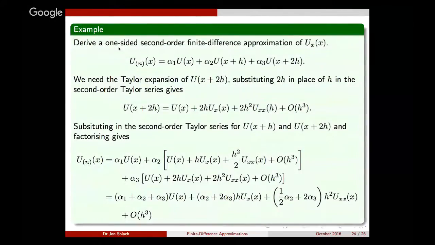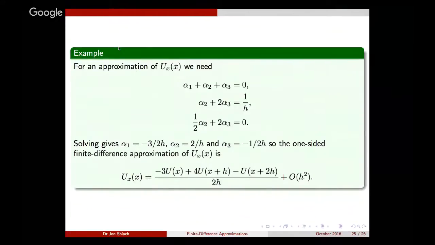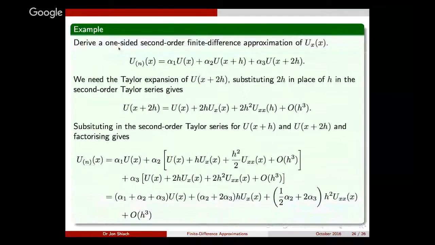Actually, no, sorry, before I get onto that, let's have a look at the second order finite difference approximation, using this stencil. So this one's different.